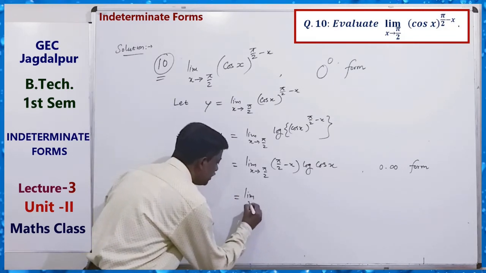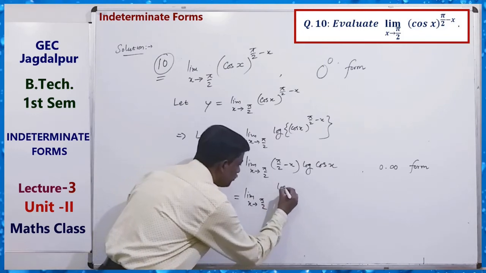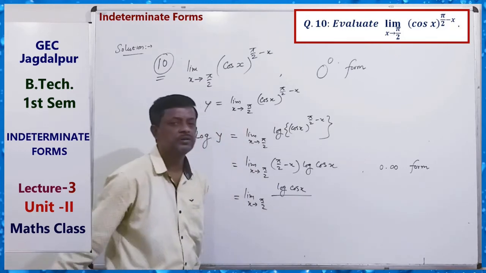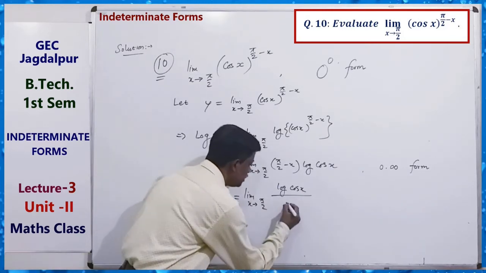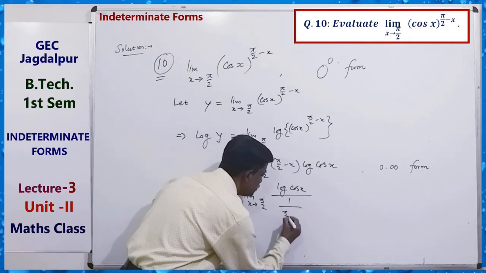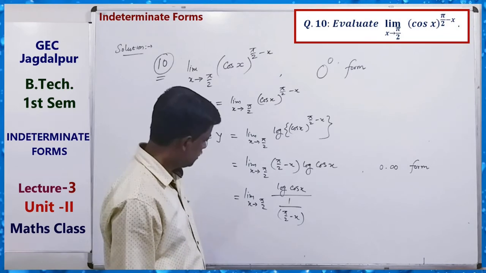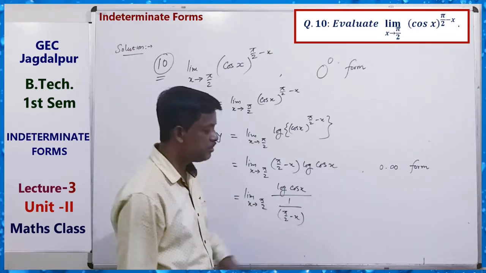So this equals the limit x tending to pi by 2 of log of cos x over 1 upon pi by 2 minus x. Generally, for this form, first we write infinity by infinity form, then 0 by 0 form. Now this is infinity and this is infinity also, so infinity by infinity form.